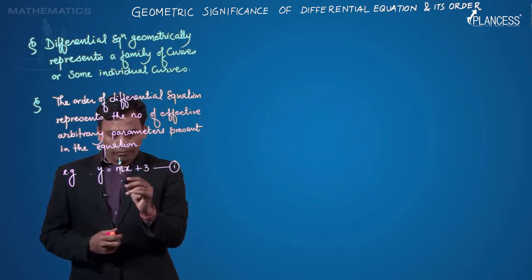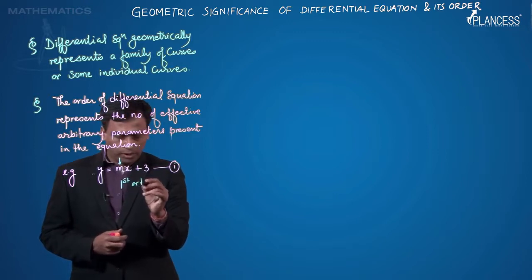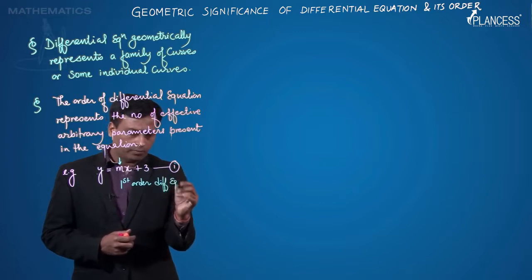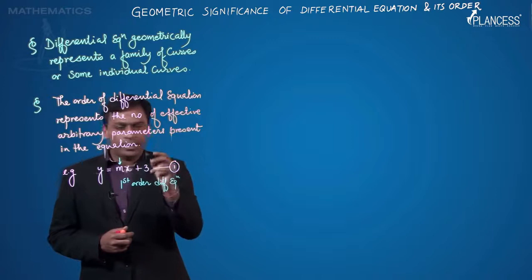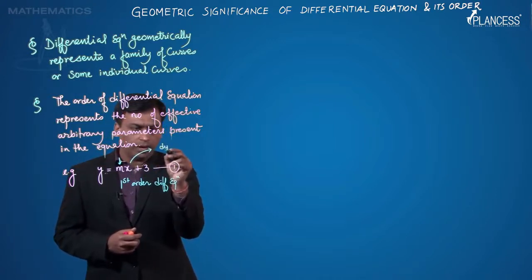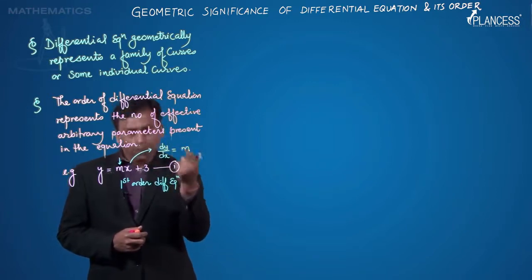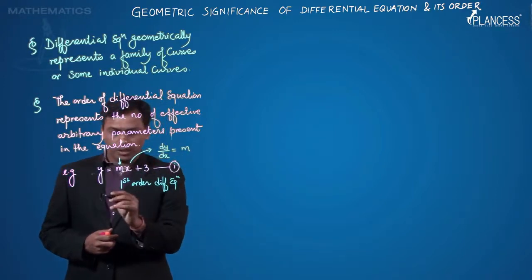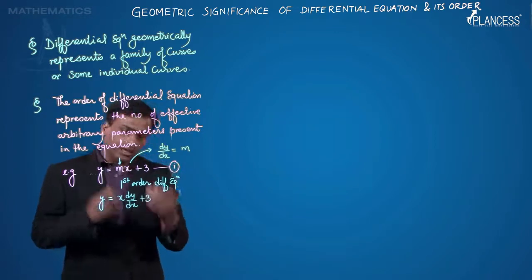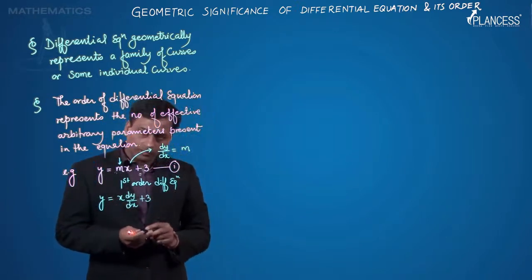So it gives you a first order differential equation, and that is obtained if you differentiate this once. We will get dy over dx as m, and replacing this value of m into this equation takes the form y is equal to x dy over dx plus 3. Clearly, it is a first order differential equation.